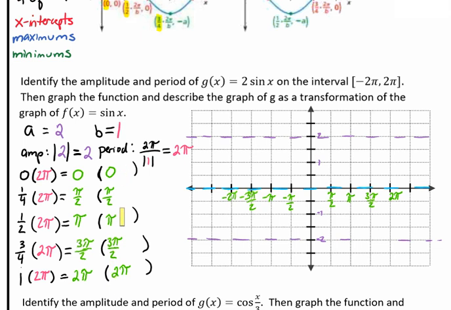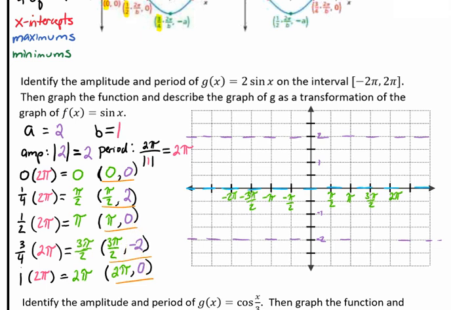And our y values follow a pattern, because for a sine function, we start at (0, 0), and then we go center line, maximum, center line, minimum, center line. And that's the pattern that repeats over and over.